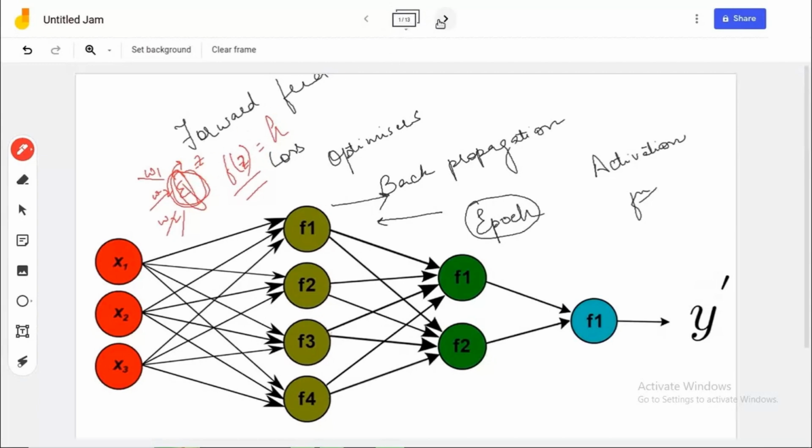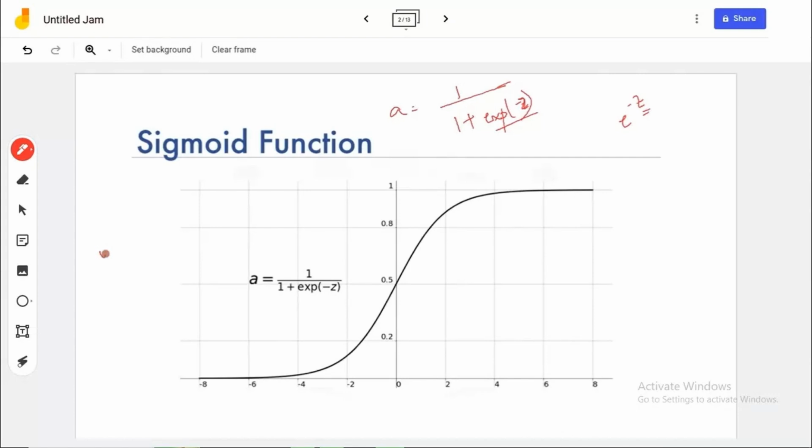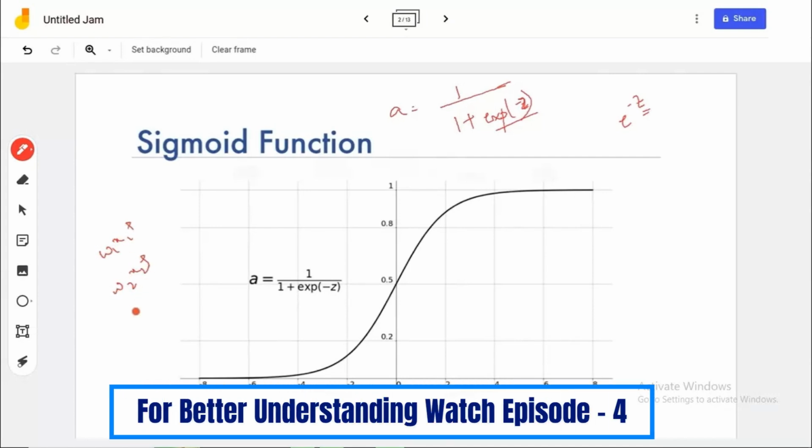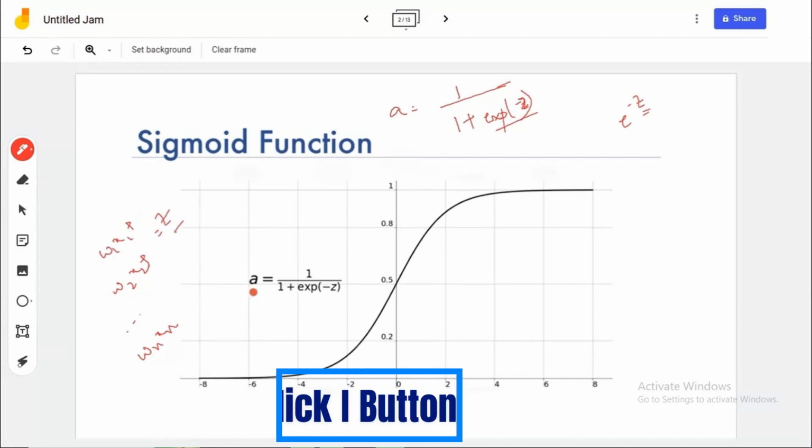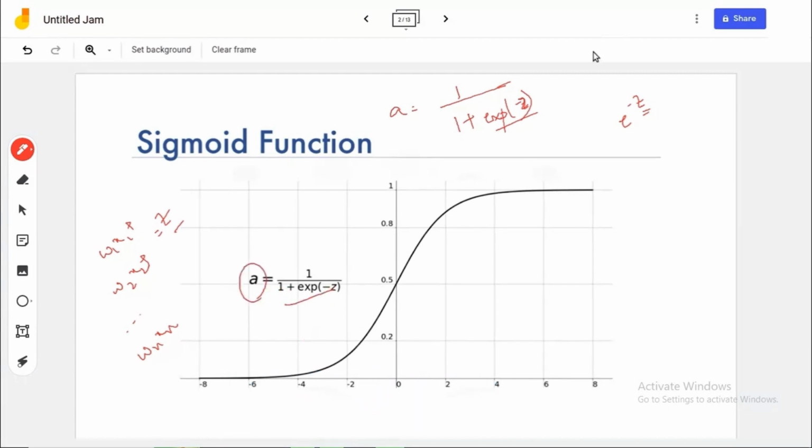Suppose you have weight 1, weight 2 and so on till weight n multiplied by the inputs. All this summed together forms z. This z is passed to an activation function. So this is the first activation function, the sigmoid function. The value of the sigmoid function is 1 by 1 plus e to the power minus z.